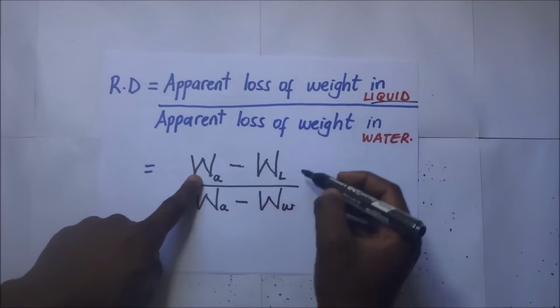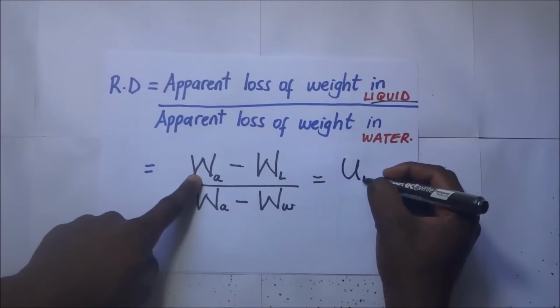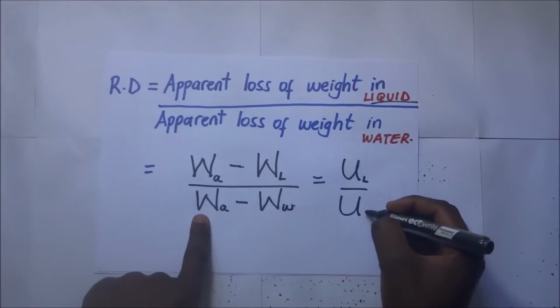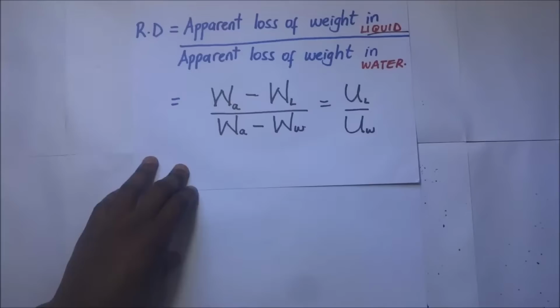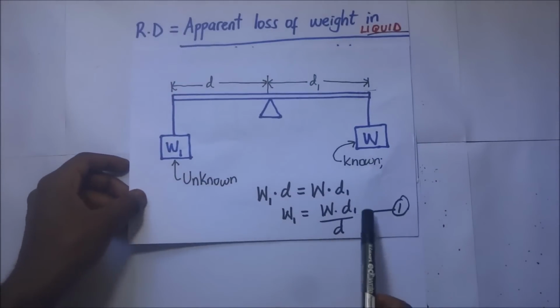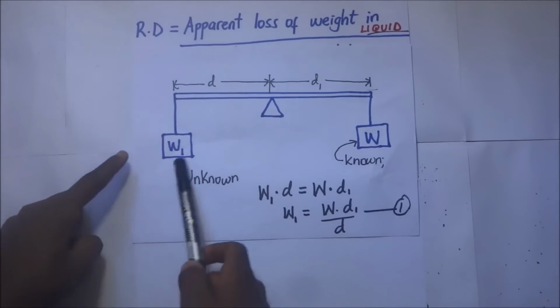This difference in weight is the same as saying the upthrust experienced by the sinker when it was in the liquid, divided by the upthrust experienced by the sinker when it was in water. The weight of the sinker when it is in air is W1. It is what we got when we put it on the lever, when W1 was hanging just alone.